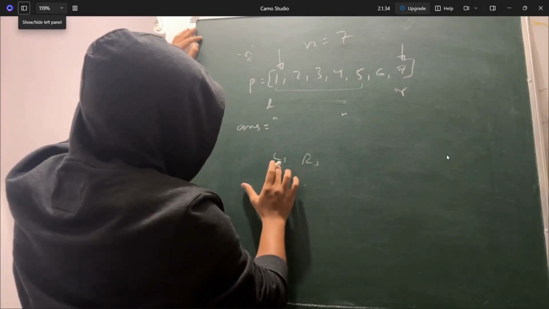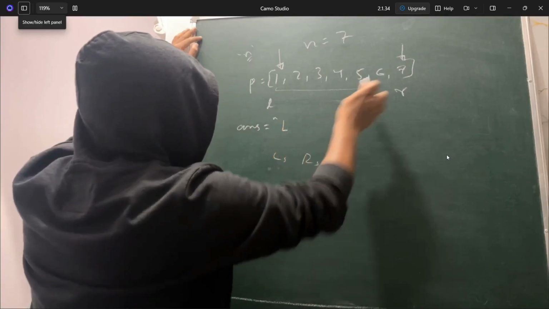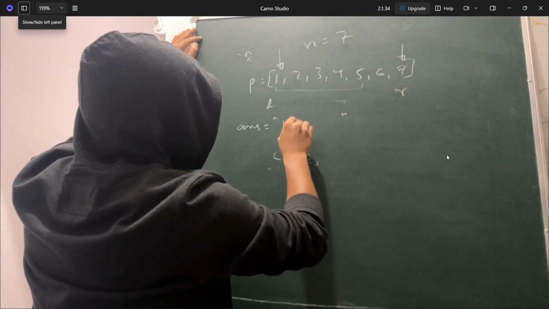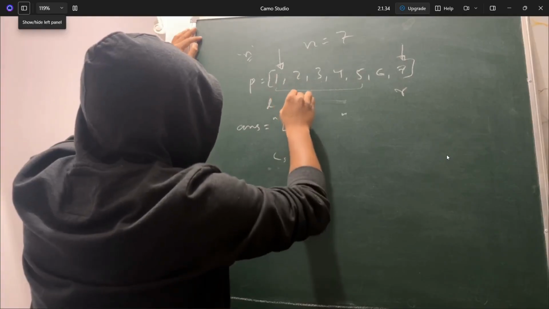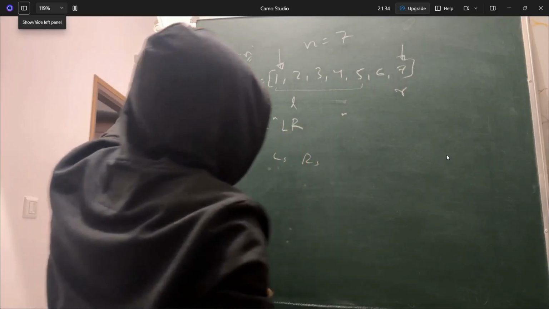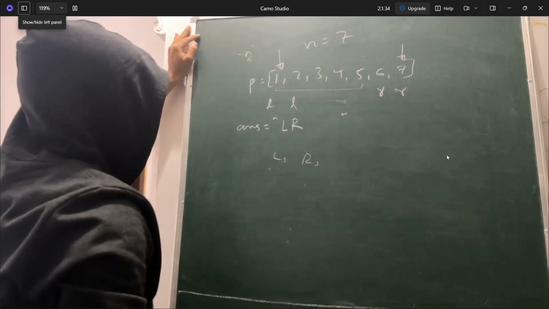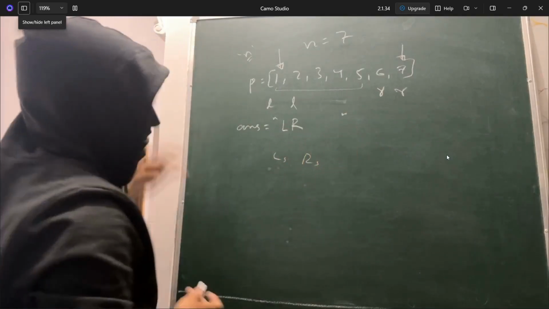If you remove from the left, you place L, and you move one position ahead. If you remove from the right, you place R, and you move one position backward. In this way you will have to return a string.